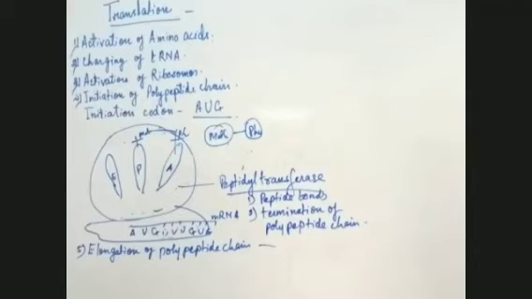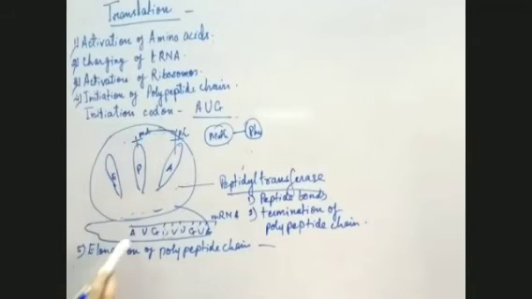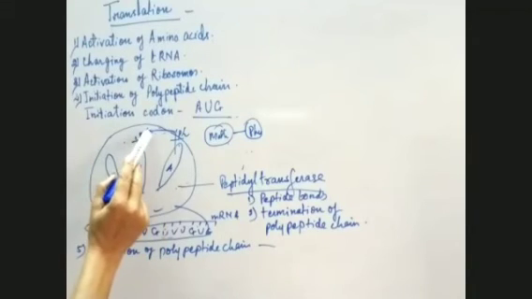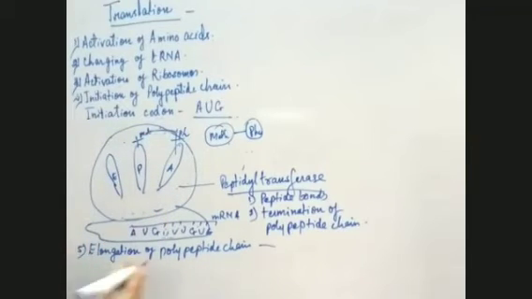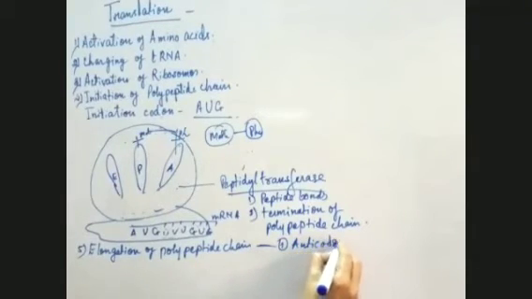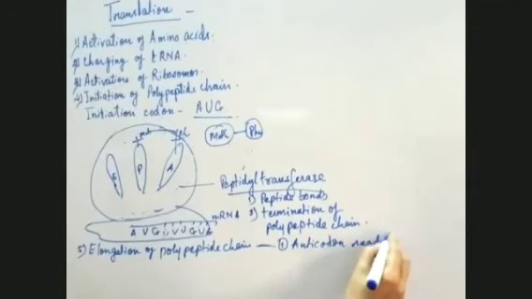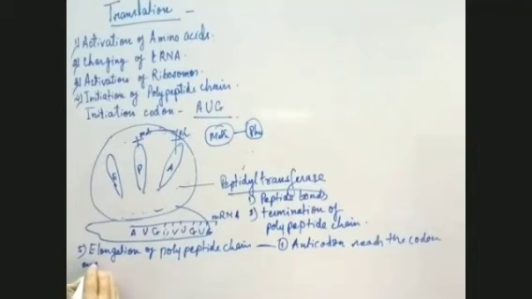See, first step, the code is read by the anticodon of transfer RNA. Second step, formation of peptide bond between the amino acids. Now the third step, I'm writing here. First, A: the anticodon of transfer RNA reads the codon on messenger RNA.